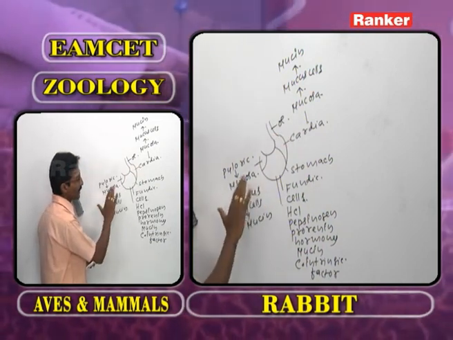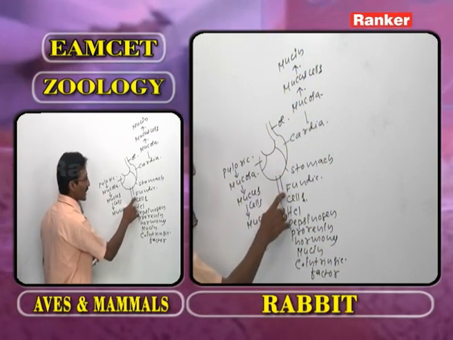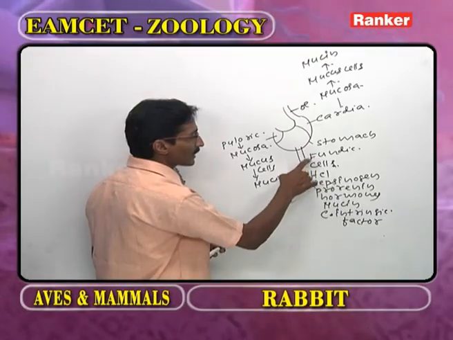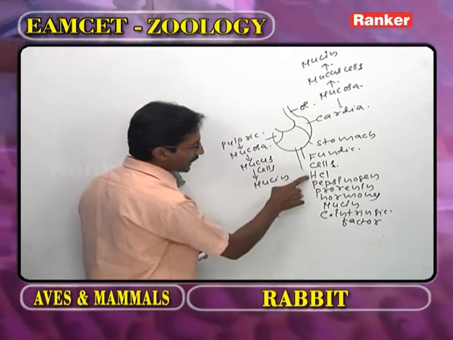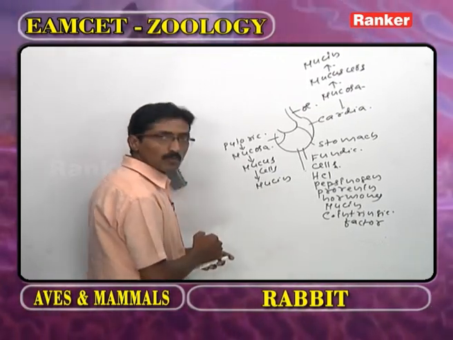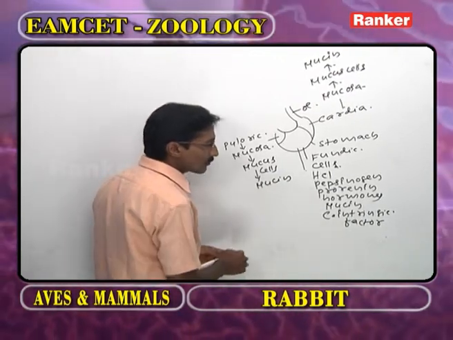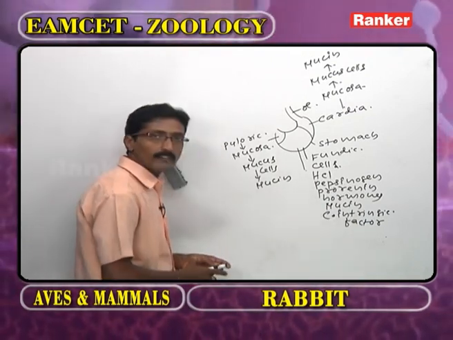No type of enzymes there. But in the fundic stomach, the gastric glands have cells that secrete HCl, inactive pepsinogen, inactive prorenin, different hormones, mucin and Castle's intrinsic factor.